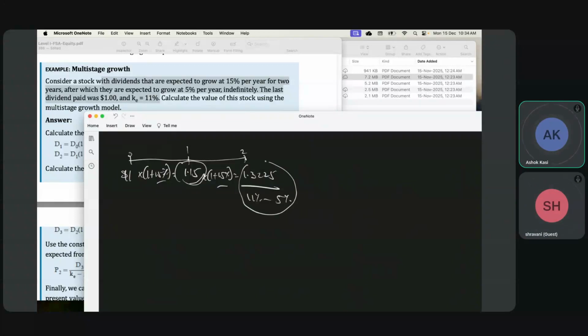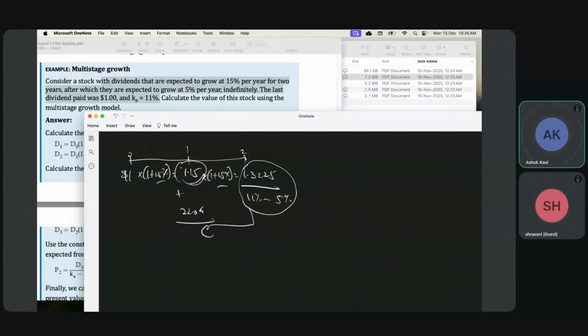So just calculate this part. It comes to $22.04. So it will push 1 year back, 22.04.